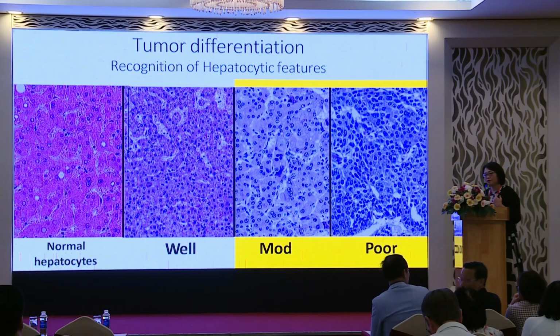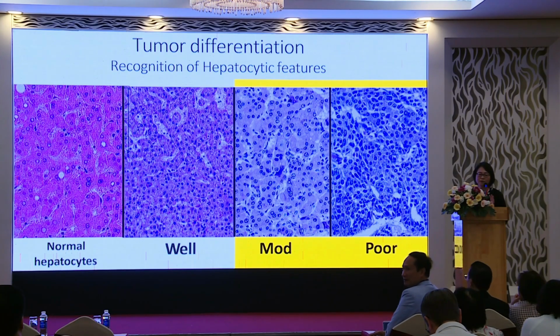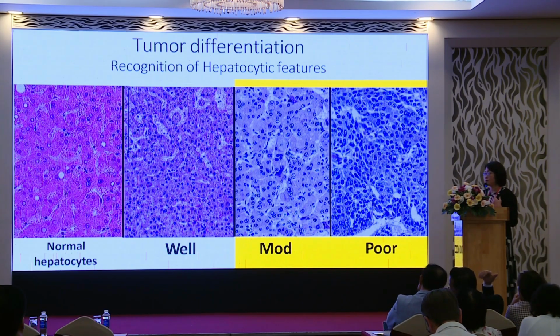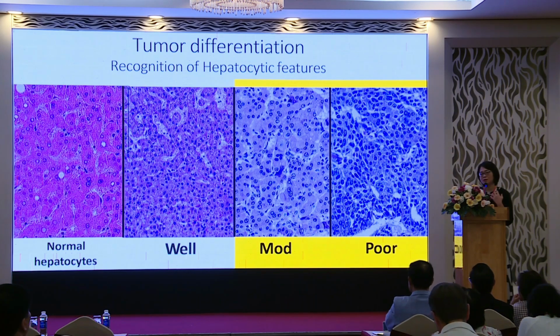Tumor differentiation is a fundamental subject when we are dealing with carcinoma. So when we diagnose carcinoma, we always mention the tumor differentiation. Tumor differentiation is assessed by how well tumors preserve the nature of their cellular origin.